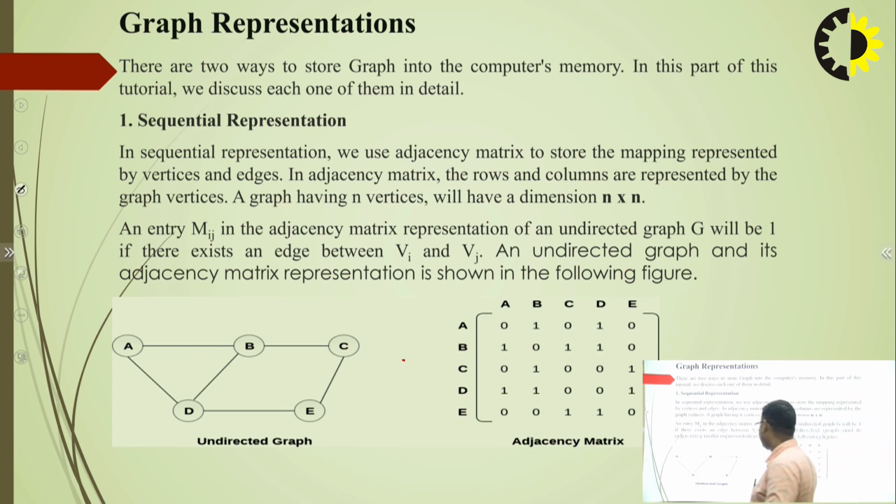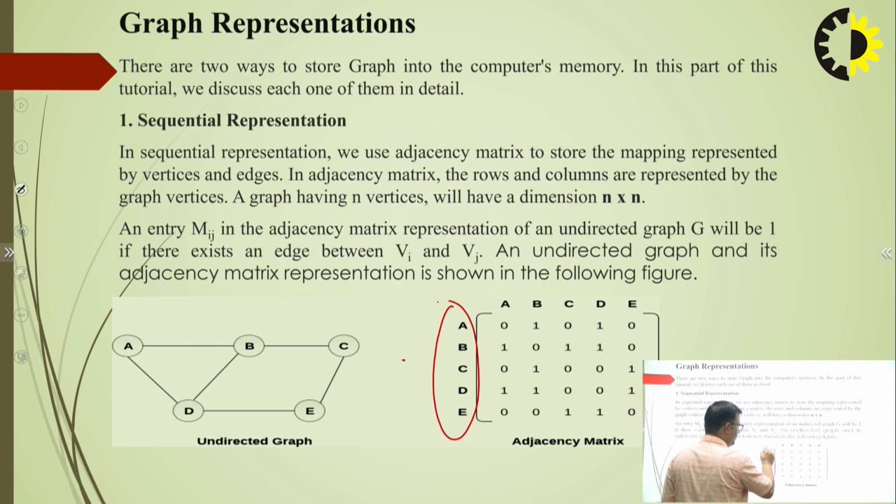Suppose that here we will make an adjacency matrix. A, B, C, D, E are the vertices.